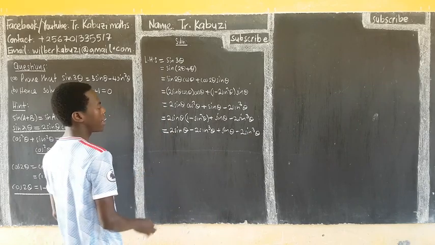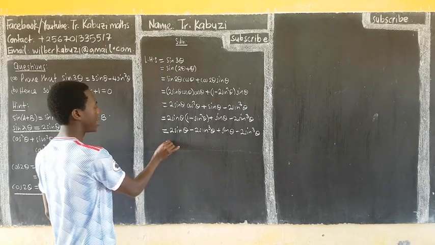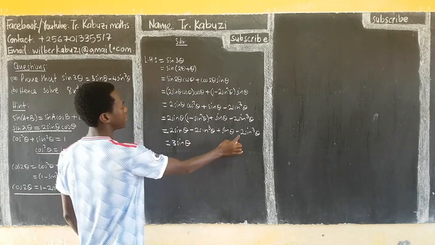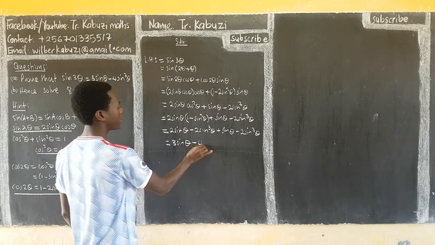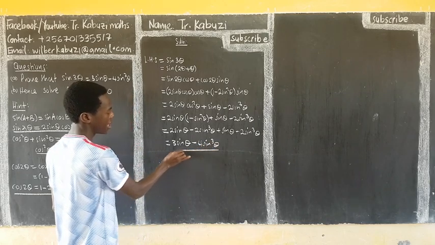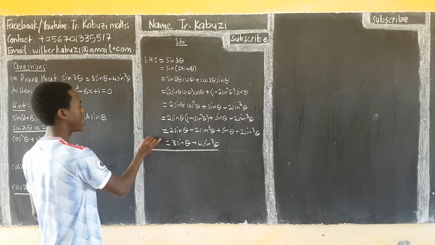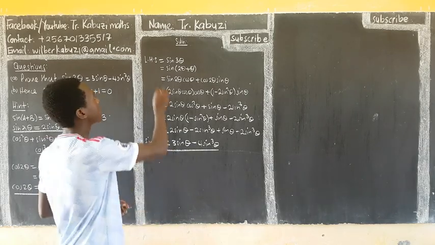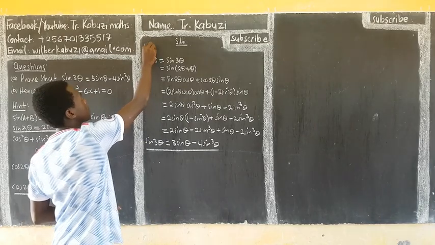And this way, when I simplify this and this, I have 3 sine theta, then negative and negative, I get minus 4 sine cubed theta, which is what we wanted. This shows that our sine 3 theta is equal to that, which is what we wanted. So this is our part A.